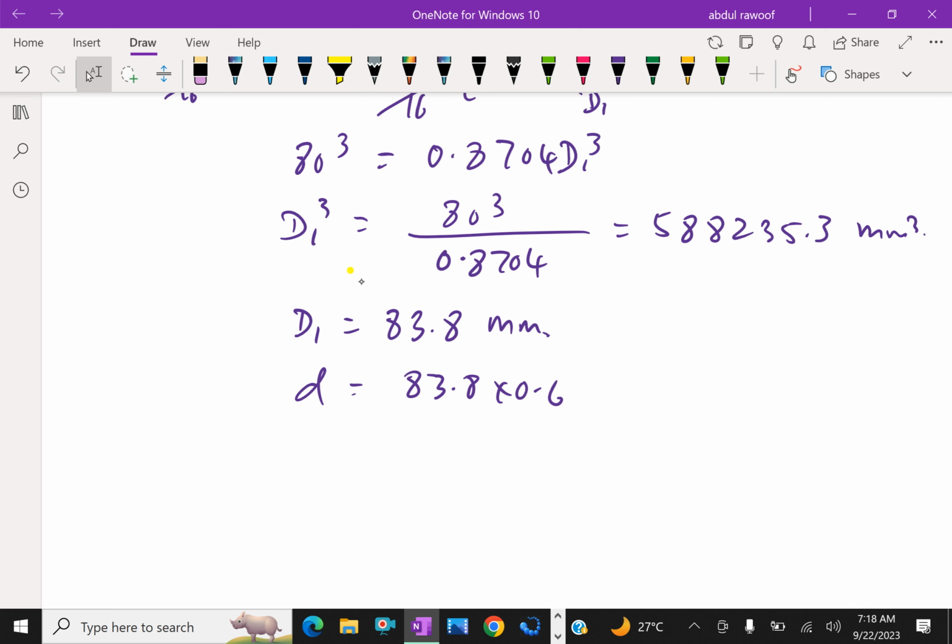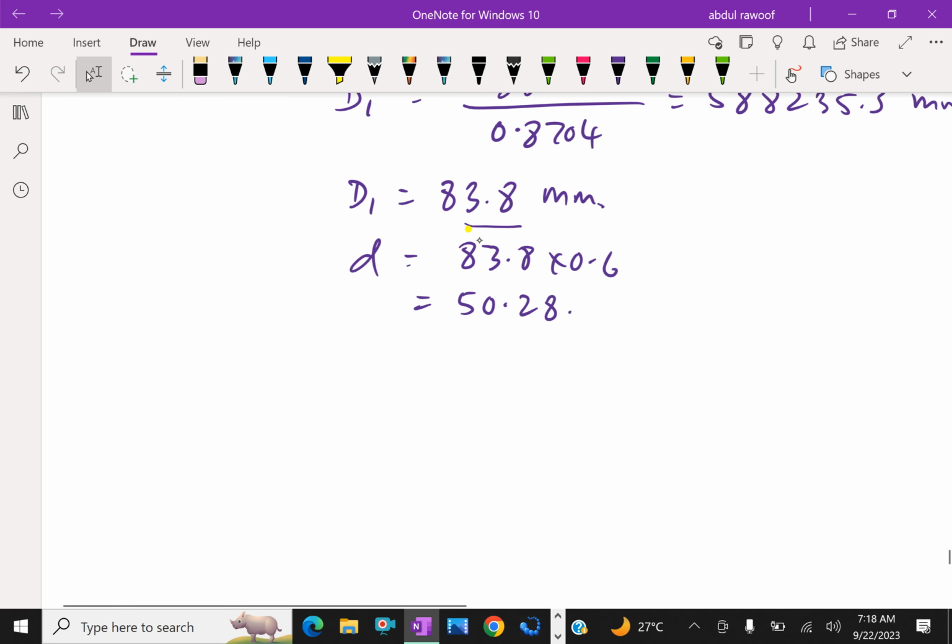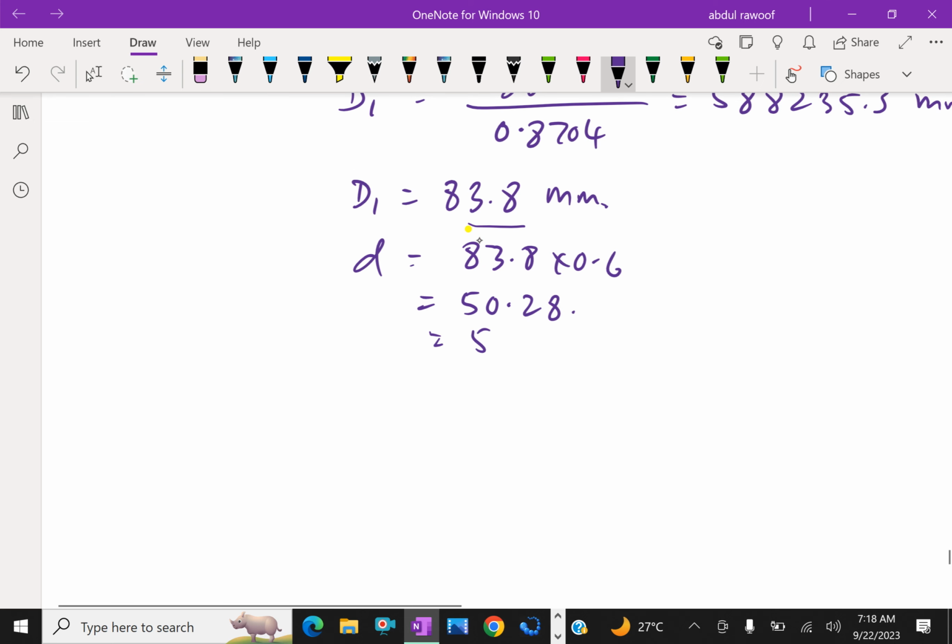Therefore d equals 50.28. That means the external diameter of the hollow shaft is 83.8 mm and the internal diameter is 50.28 mm.